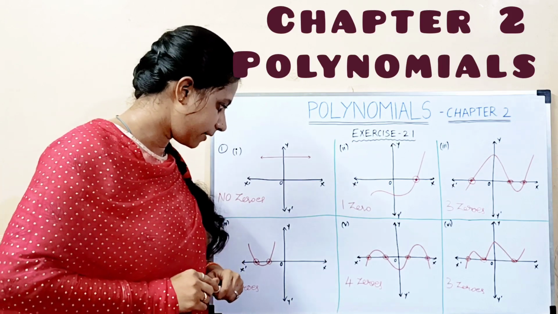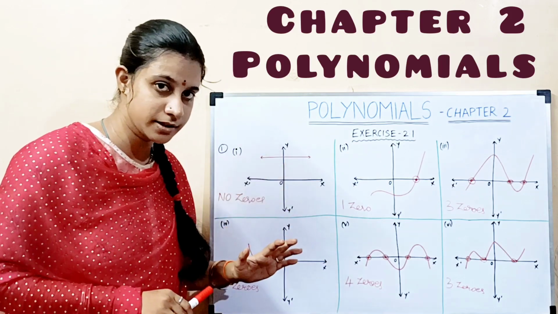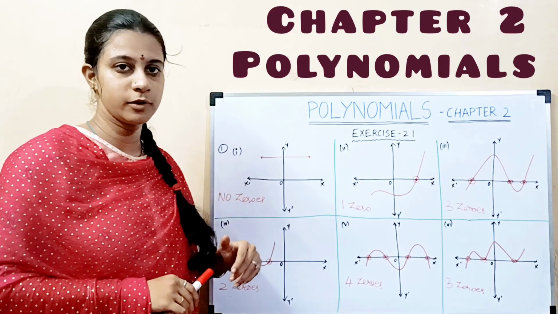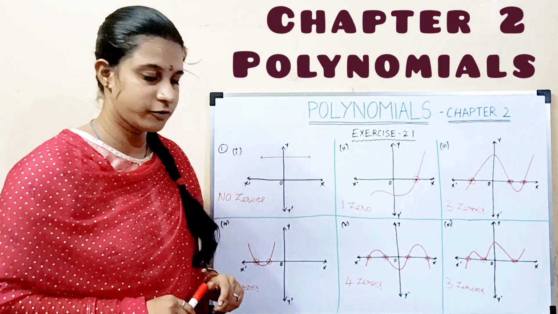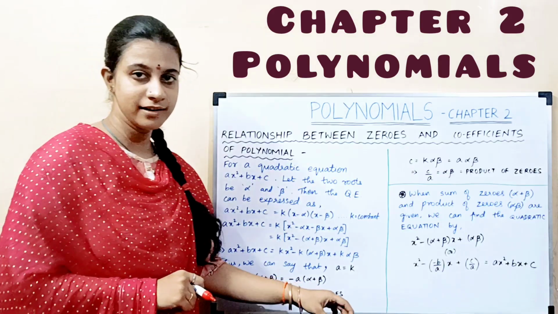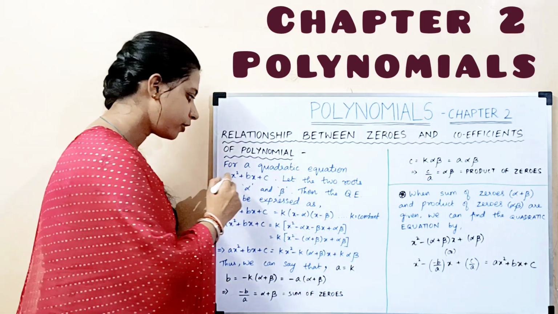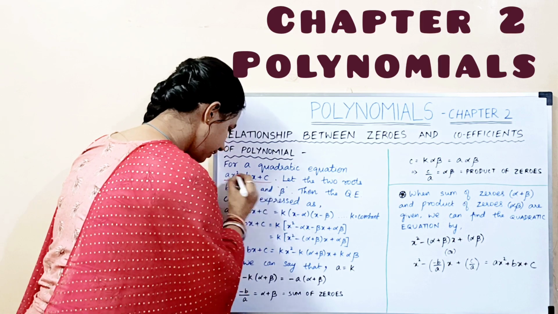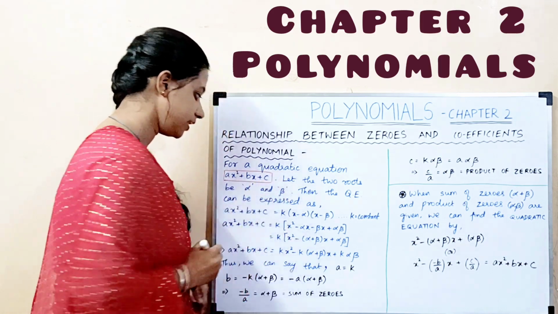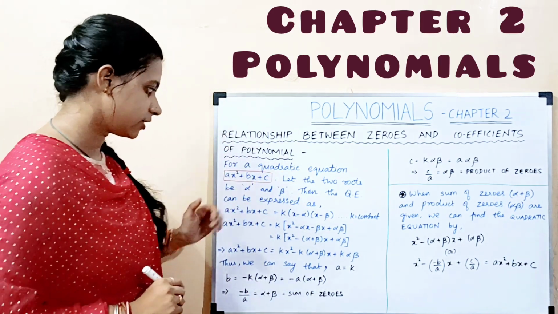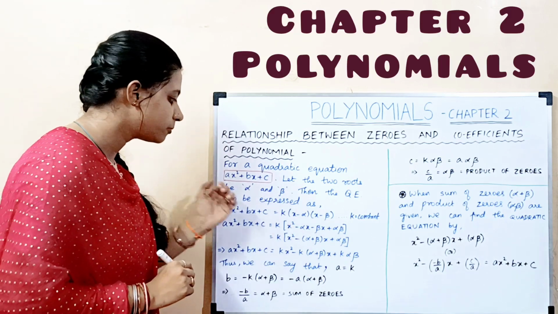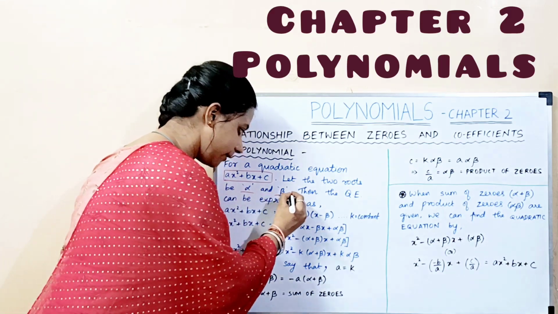Now in the next theory part, we are going to see the relationship between the zeros of the polynomial and its coefficients. For a quadratic polynomial ax square plus bx plus c, and obviously a not equal to 0, let us take the two roots to be alpha and beta.